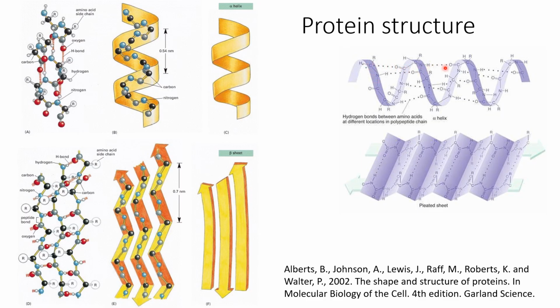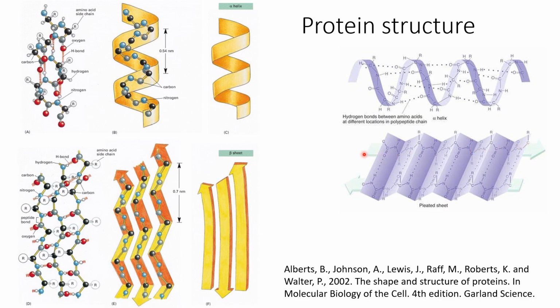Again, you see the same carbonyl to amine group bonding occurring within the alpha helix. It's simply spun round, so that the bonding occurs within the strand rather than between two different amino acid chains.